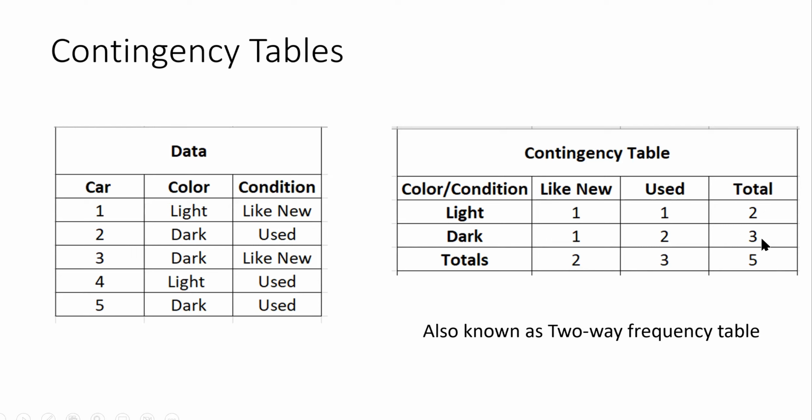We don't add 2 and 3 in row totals and then 2 and 3 in column totals. We would have 10, right? We don't do that. We count either the column totals or the row totals, not both. Okay, and they all should add up to the total number of items in the table. All right.